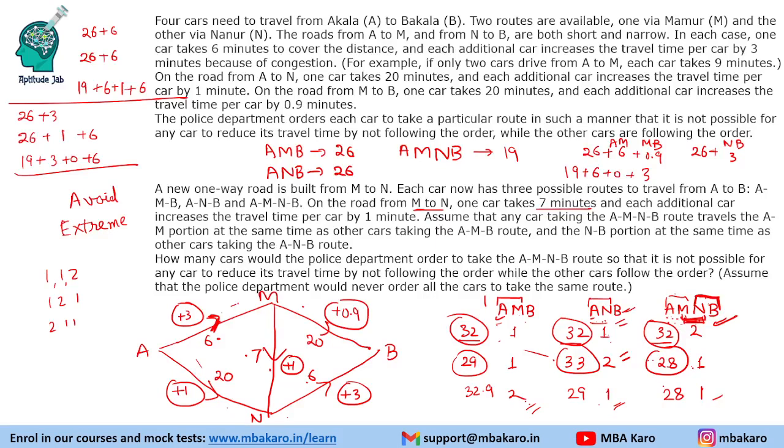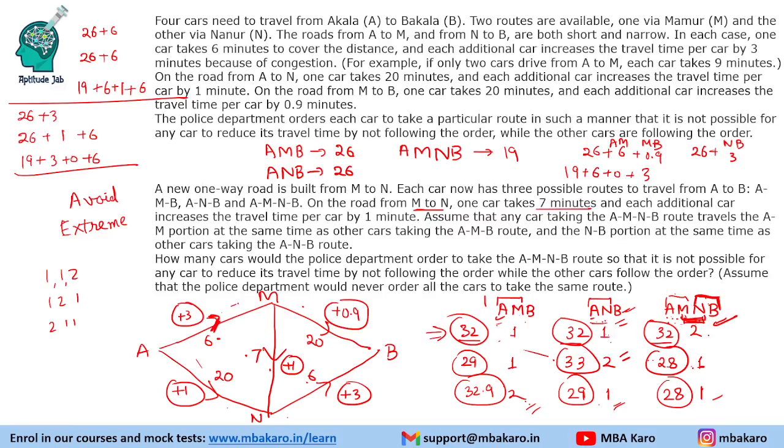If it is 28 minutes, so 28, 29 and 32.9 minutes, so if there are two cars in this route A and B, they will try to break the route, so take another route so that they save on the time. So the most optimum time we see is win-win for all, that is 32 minutes.